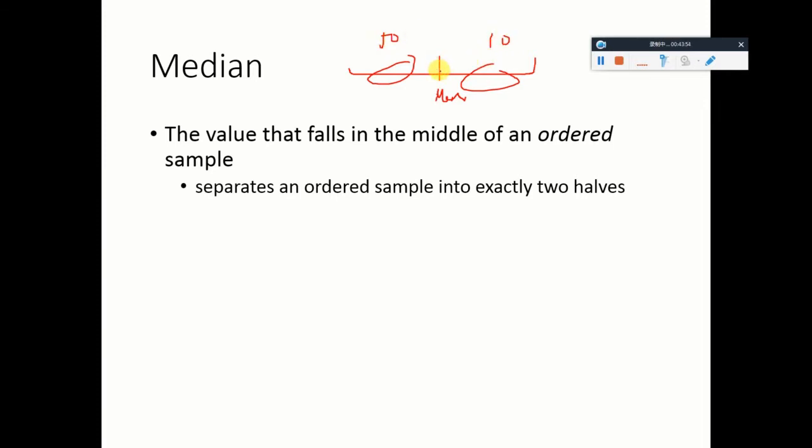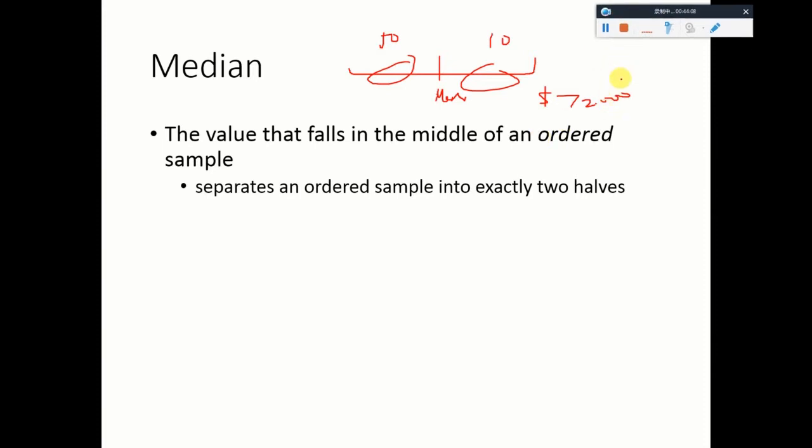So whenever you hear the median income is 72,000 US dollars, right? Then you should immediately know that in this sample, exactly half of the sample of people earn more than $72,000 per year, and exactly 50% of the sample earn less than $72,000 per year.